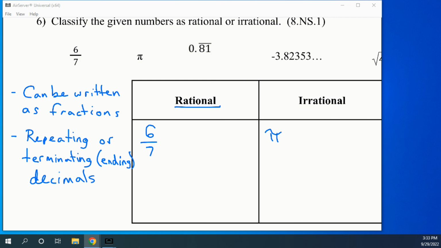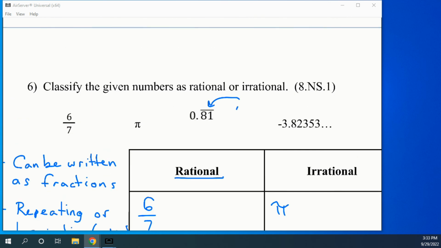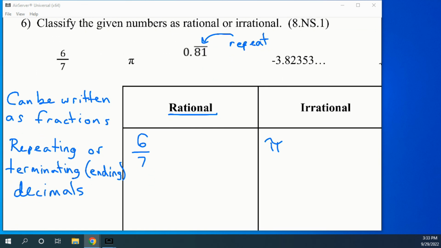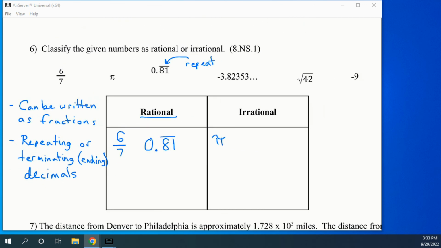0.81, this bar right here says that this is going to repeat. This is repeating. So this one would be rational. It is a repeating decimal. This fourth one that we have here, the negative 3.82353, with what we're given in that, we don't know if it is repeating.